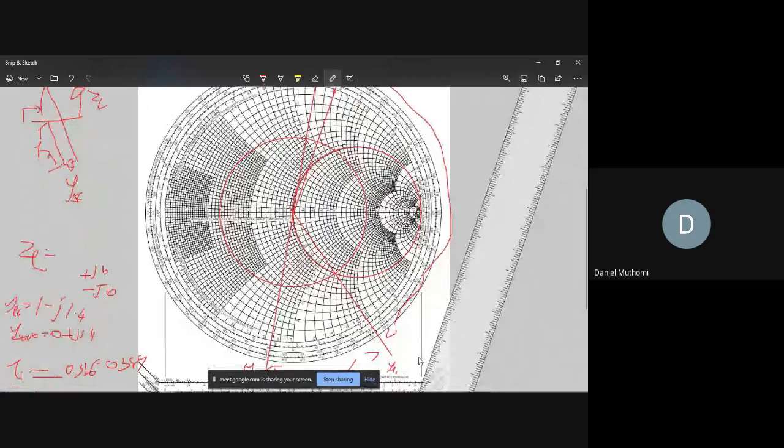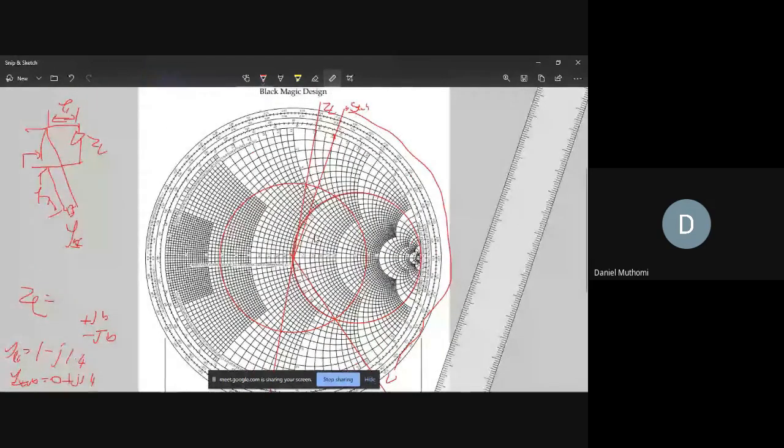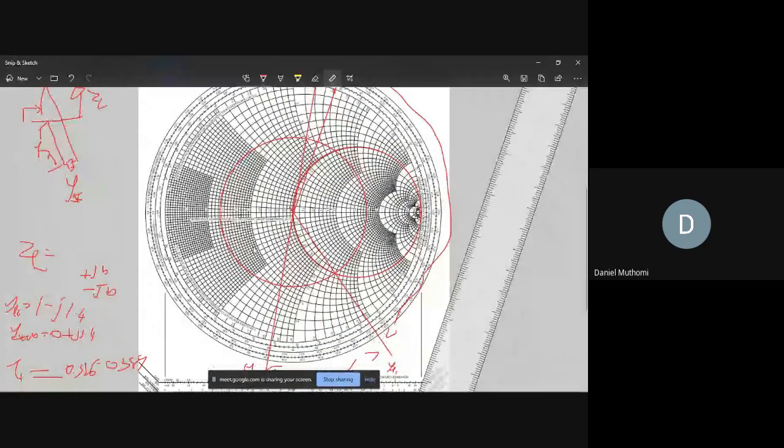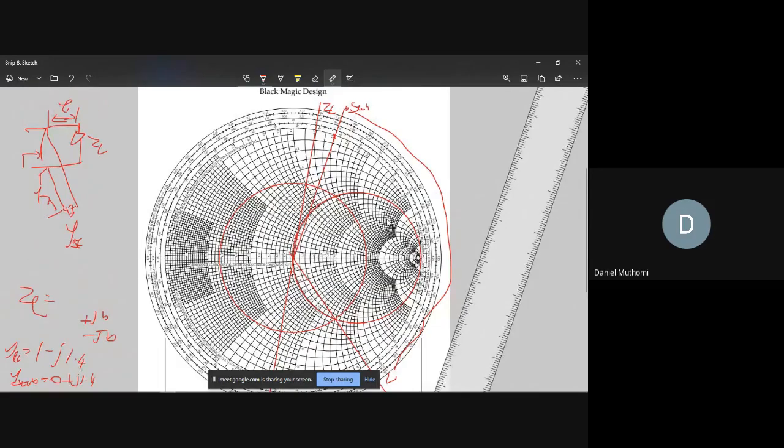You can use either toward the load or toward the generator. For this one we use toward the load, because the stub is sort of like a load. So from here to the load, you read your lambda there and calculate the difference.